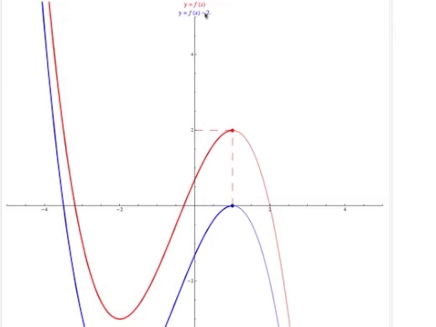So in summary, if we add numbers at the end, the resulting graph moves up parallel to the y-axis. If we subtract numbers at the end, the resulting graph moves down parallel to the y-axis. So remember these. Let's go back to the question.